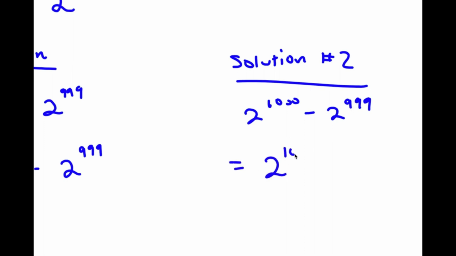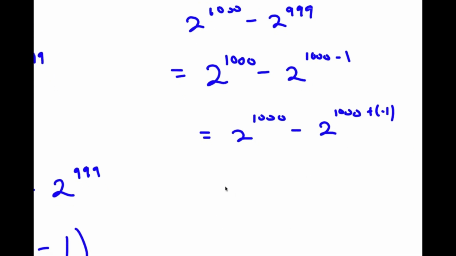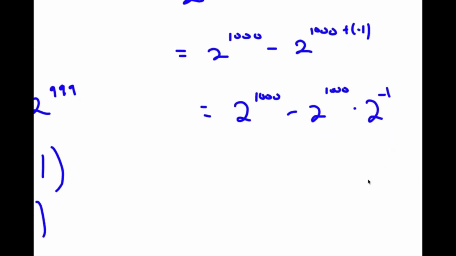So now I have 2 to the power of 1000 minus 2 to the power of 1000 minus 1. And now that's the same thing as 2 to the power of 1,000 minus 2 to the power of 1,000 plus negative 1, which is equal to 2 to the power of 1,000 minus 2 to the power of 1,000 times 2 to the power of negative 1.